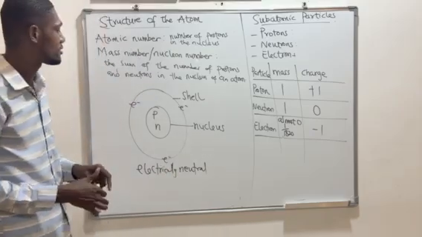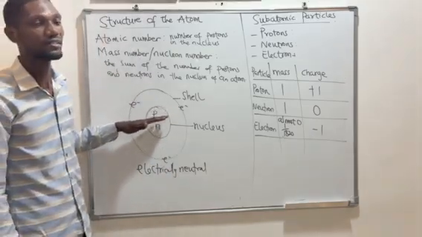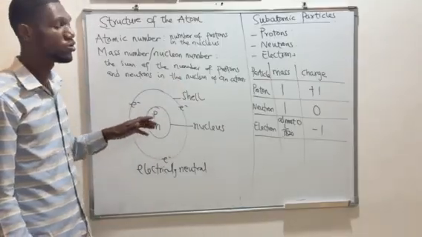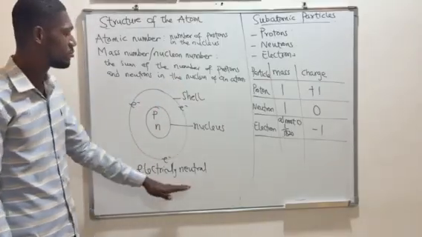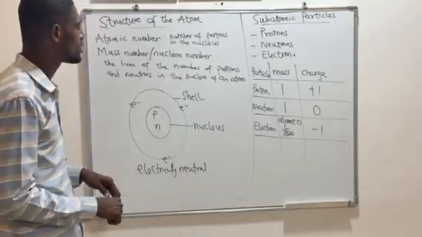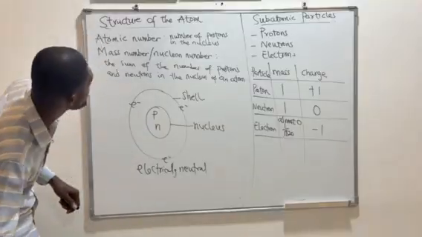This means that it has an equal number of positively charged particles and negatively charged particles. So they cancel out, making the atom electrically neutral.